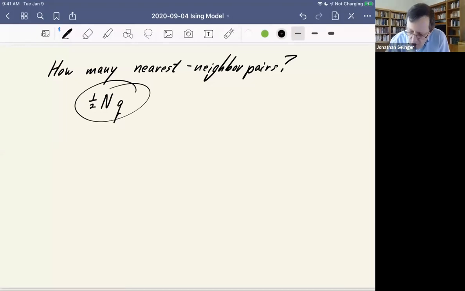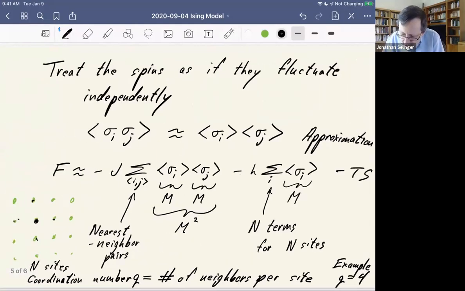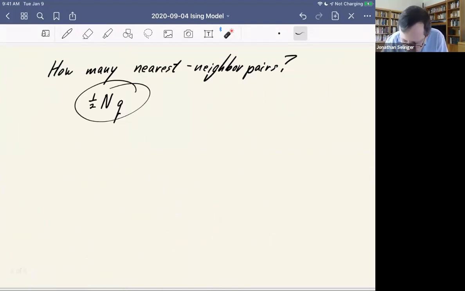Okay. So that then goes into the free energy. In the free energy here, we have this sum over nearest neighbor pairs, and every term in the sum is the same, m squared. So we have 1/2 NQ such terms.